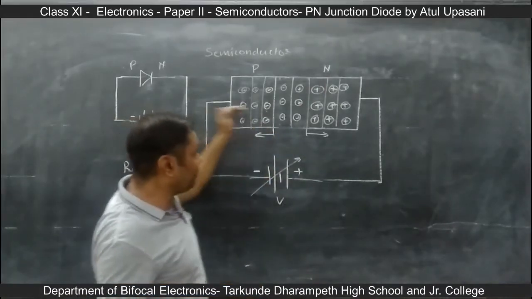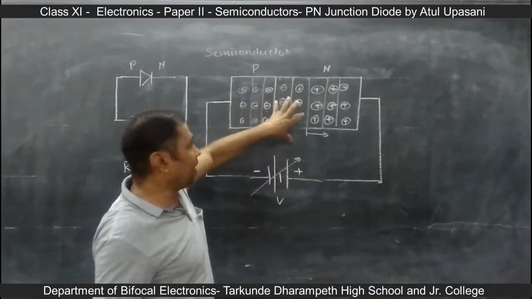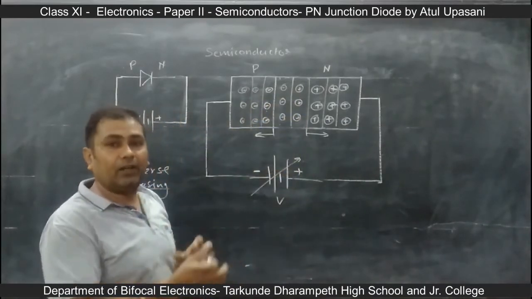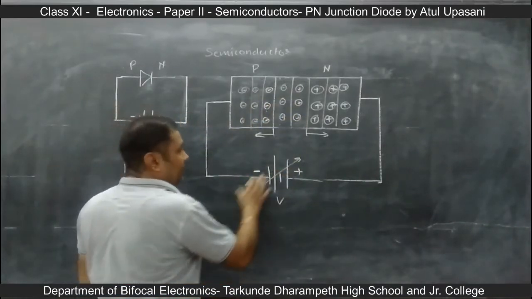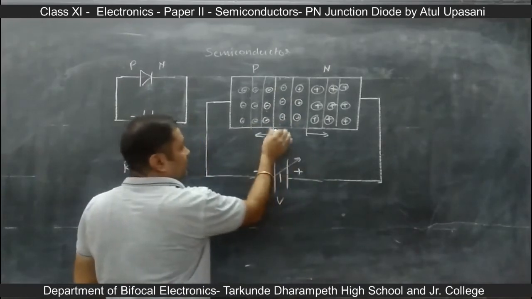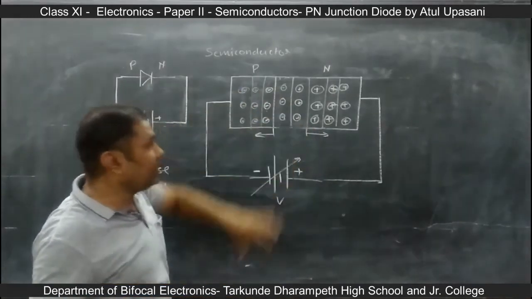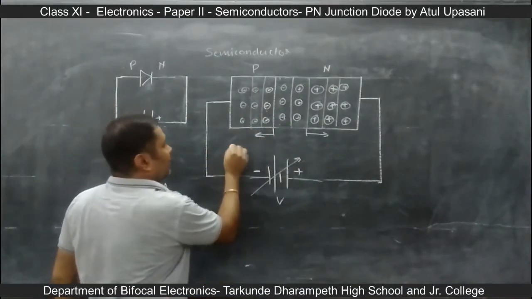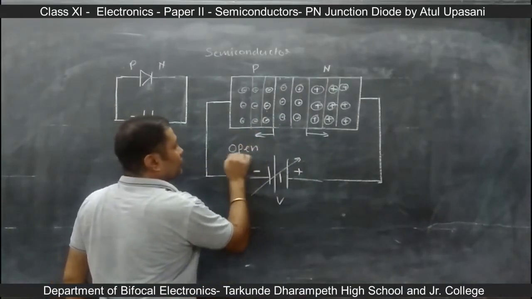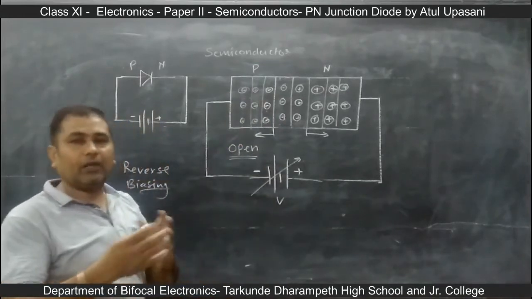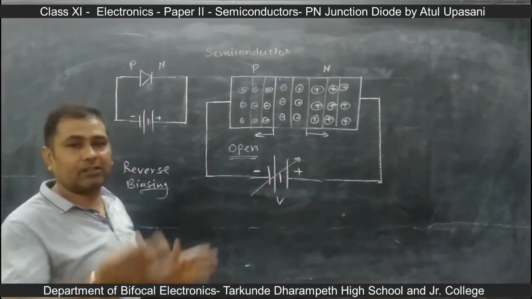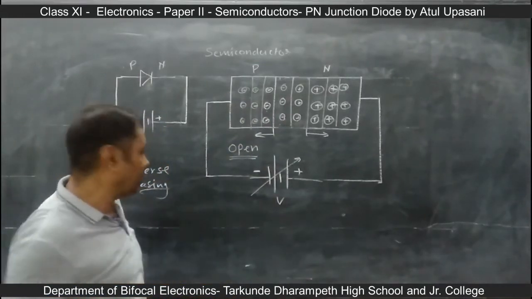There will be friction, and this diode will resist the current conduction. So if reverse voltage is applied, junction resistance will increase and there will be no current conduction. In this way, the device is said to be in open condition. The switch is considered to be open if no current is flowing through it.